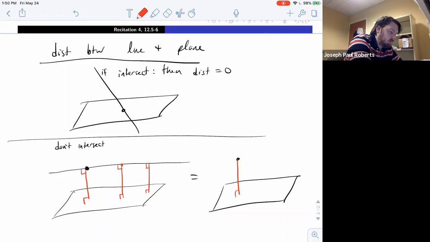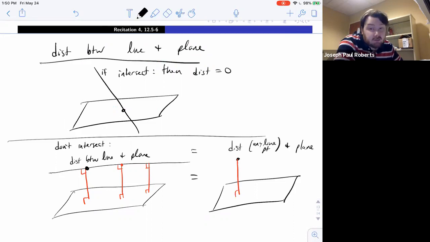So the distance between a line and a plane equals the distance between any line point and the plane. That's not true if the line and the plane intersect, of course, since then these objects have no separation. So anyway, that's the idea.